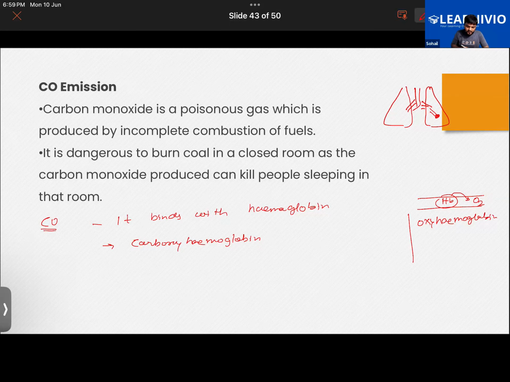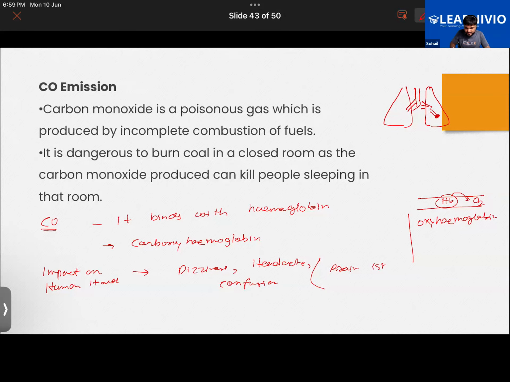Getting it now? So the impact on human health: it will lead to conditions like dizziness, headache, or a state of confusion. The reason being that the brain isn't getting sufficient supply of oxygen.